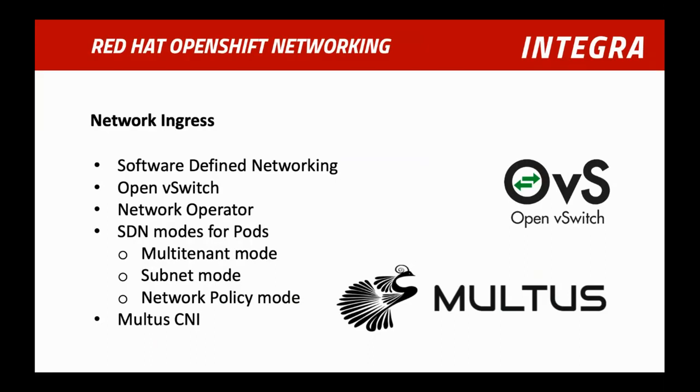OpenShift creates a cluster network. This cluster network is established and managed by the OpenShift software-defined networking, which is configured over an overlay network using Open vSwitch. Again, OpenShift software-defined networking is deployed through a networking operator, so you don't have to manage, implement, or even scale your networking infrastructure.